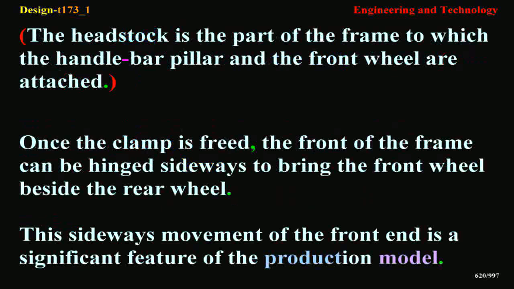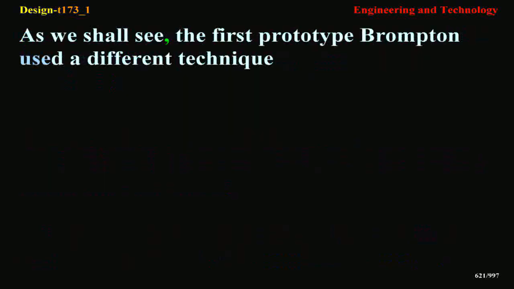The headstock is the part of the frame to which the handlebar pillar and the front wheel are attached. Once the clamp is freed, the front of the frame can be hinged sideways to bring the front wheel beside the rear wheel. The sideways movement of the front end is a significant feature of the production model. As we shall see, the first prototype Brompton used a different technique.